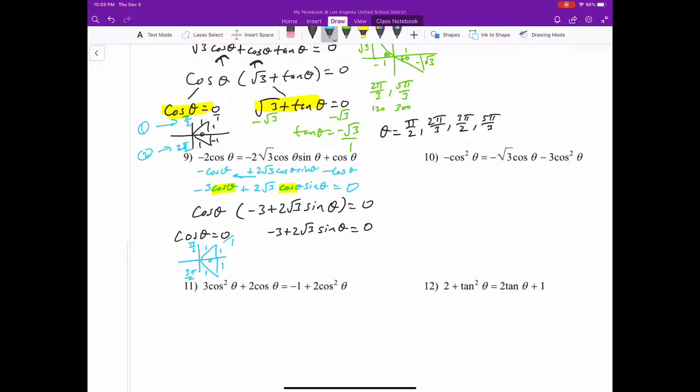On my right side, let's solve for sine. So I'm going to add 3 to both sides, positive 2 square root of 3 sine of theta is equal to 3. Divide by 2 square root of 3, so sine of theta is equal to 3 over 2 square root of 3.